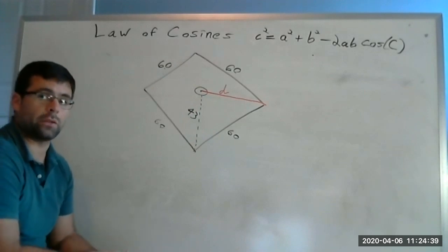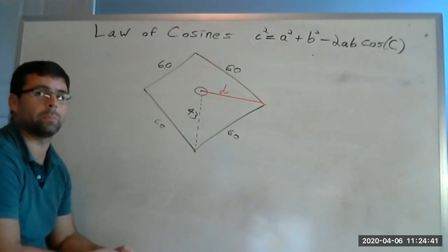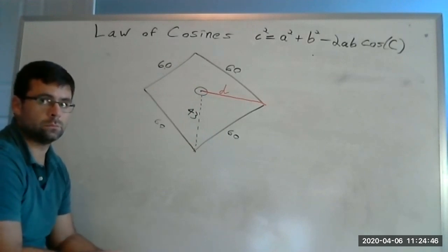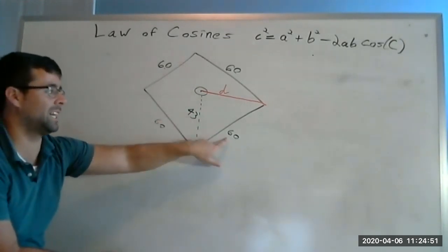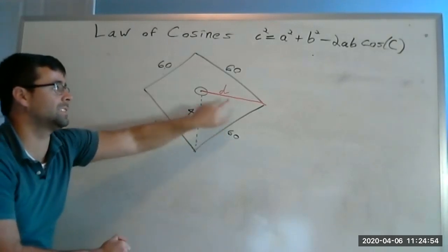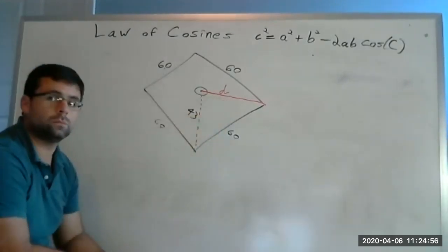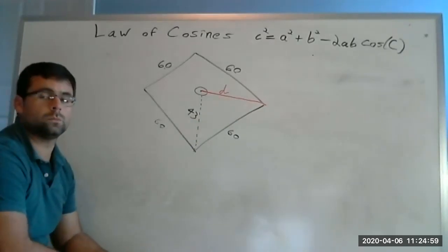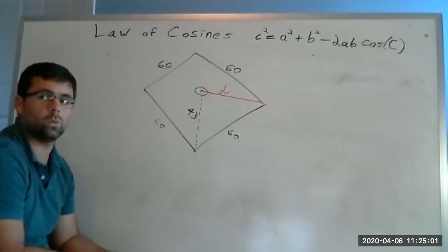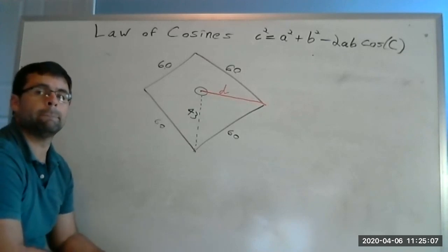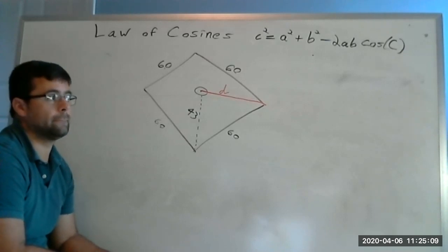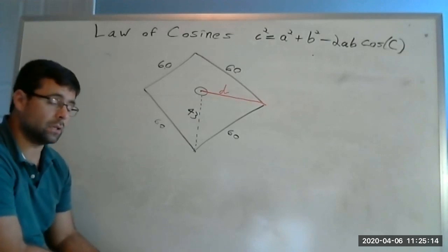So we need another piece of information before we can plug it into law of cosines. So we have this side, 43. We have this side, 60. We need this side. So what else do we need? What kind of thing do we need?